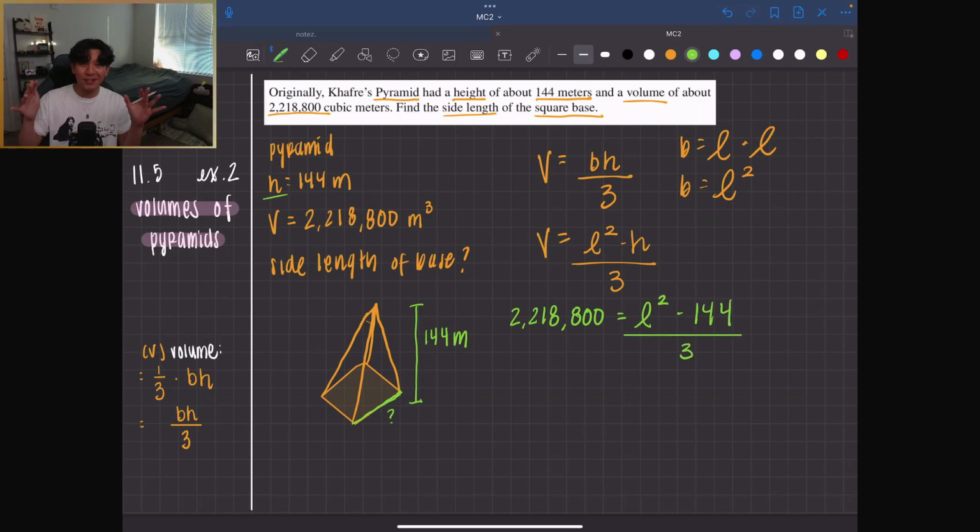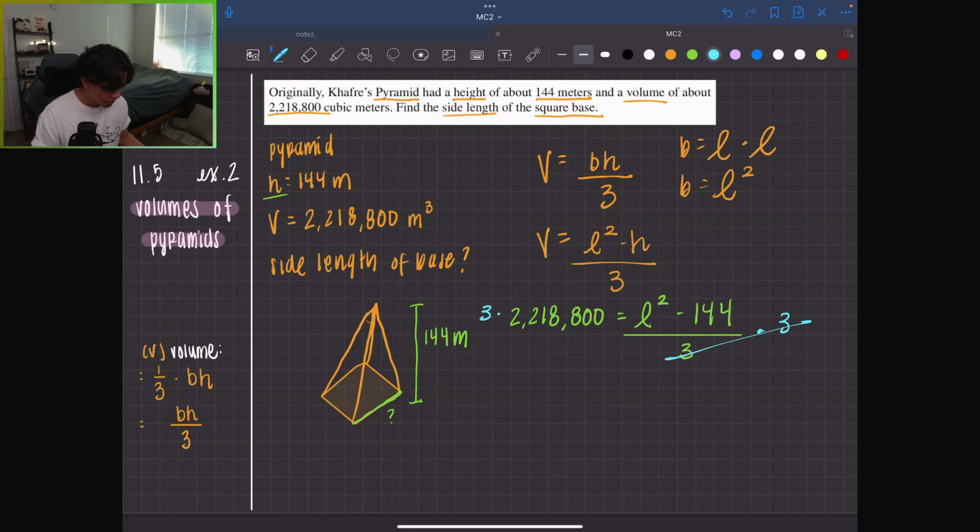So let's just go ahead and use our algebra skills to isolate the variable L here to find out one side length. Cool. So how do we do that? What's the first thing I want to do to start isolating the variable? I see that we have a divide by 3 on both sides. So I'm going to do the inverse of that, which is multiply by 3. These 3's are going to equal 1.